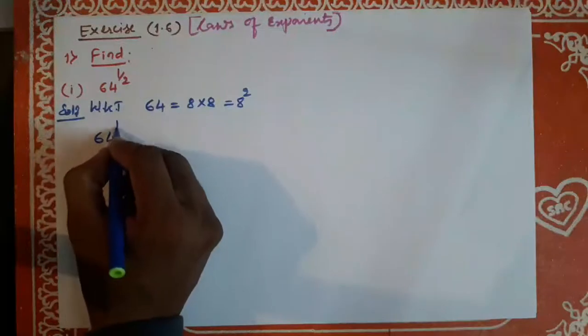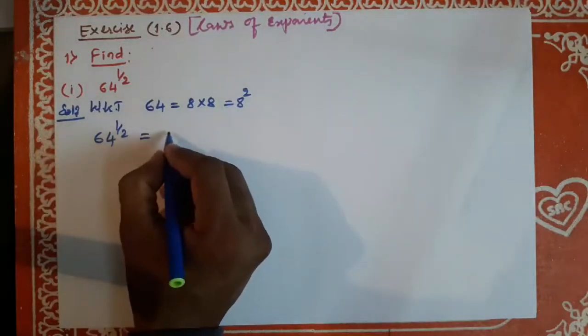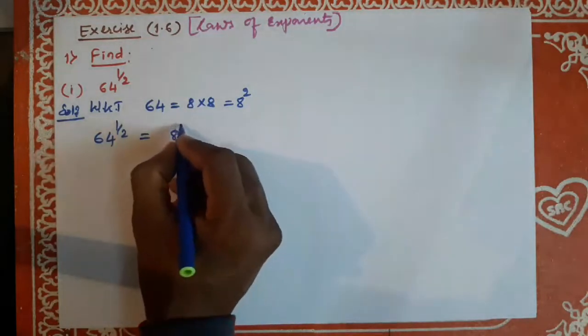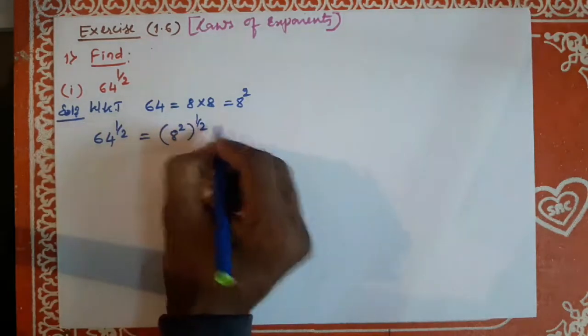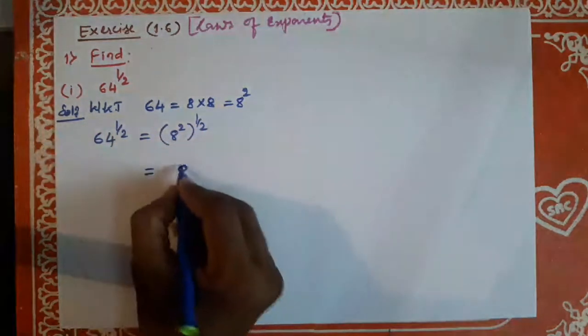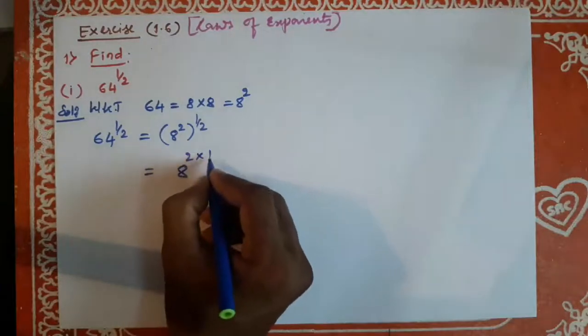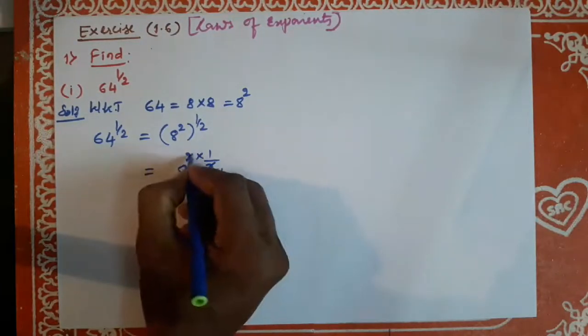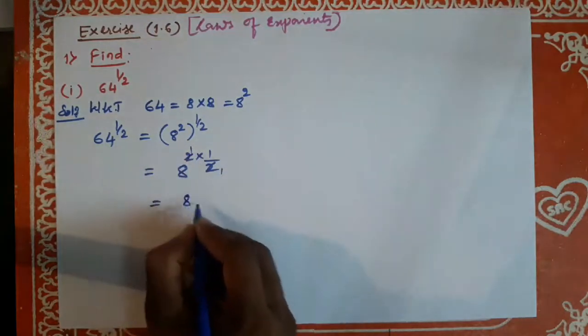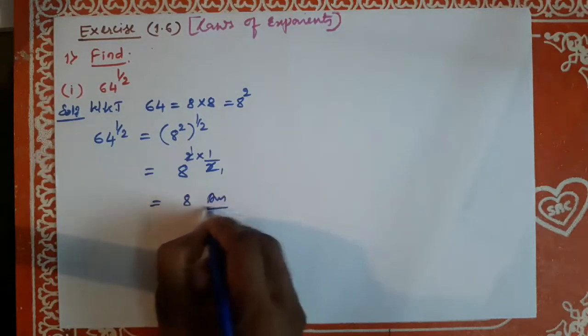Here 64 to the power of 1 by 2 is equal to 8 square whole to the power of 1 by 2, which is equal to 8 to the power of 2 into 1 by 2, 2 ones are 2, which is equal to 8. This is the answer.